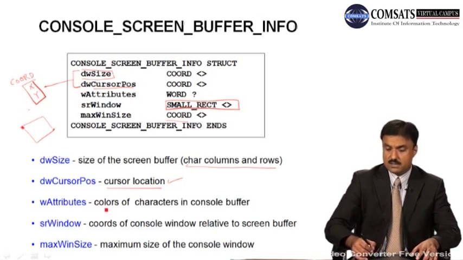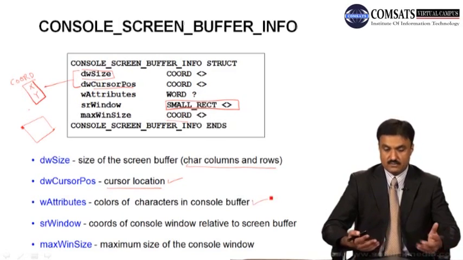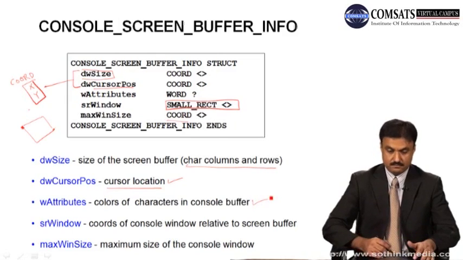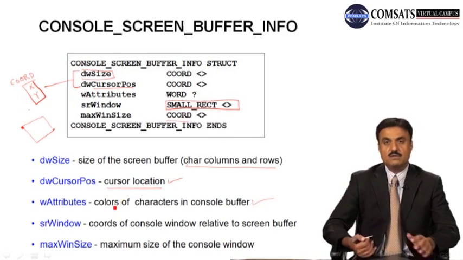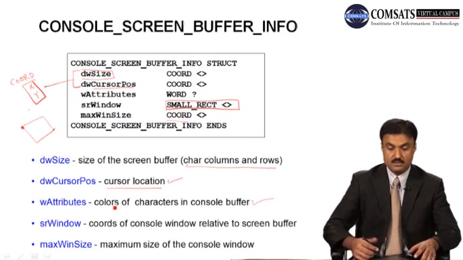And then colors of the characters in the console buffer. For example, right now we use white color, so it will give you the color information for the characters which are currently active there. You cannot have multiple colors, only whatsoever the last color that has been set or is currently being used.